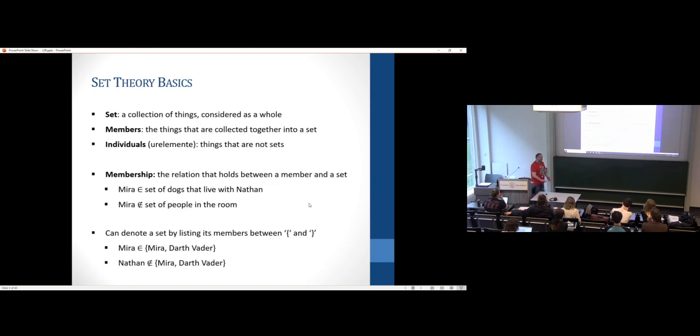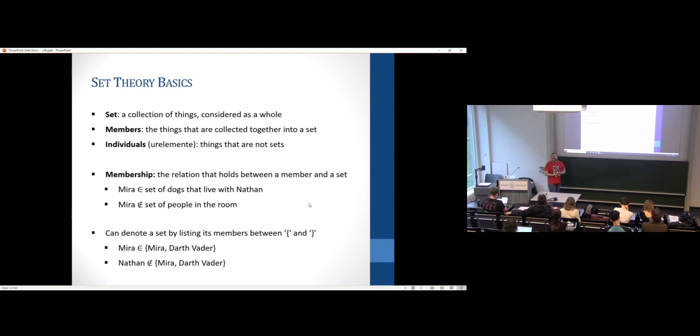So let's introduce some terminology. A set is a collection of things considered as a whole. So the set is the collection. If you want to think about it this way, you can think about it as a box or a bin with a bunch of stuff in it. And when we think about the set, we're thinking about the bin and whatever's inside it. So that's a set. Members are the things that are collected into the set.